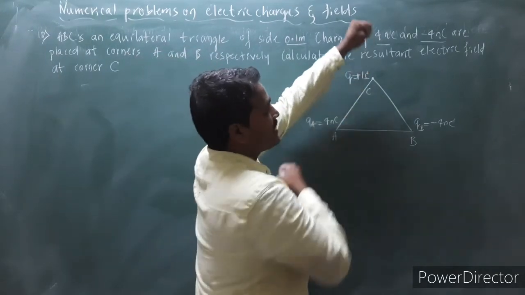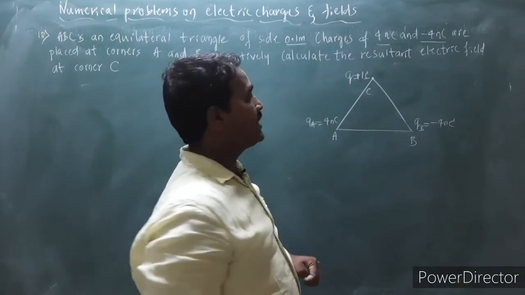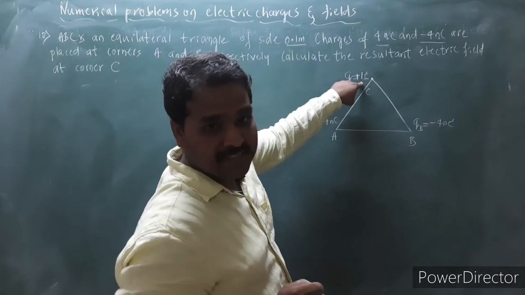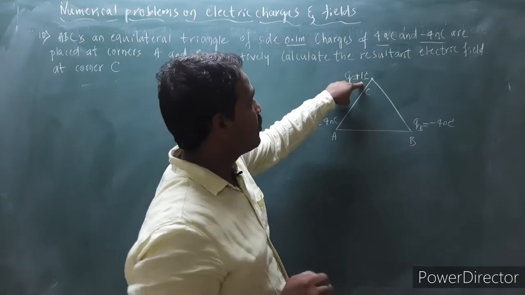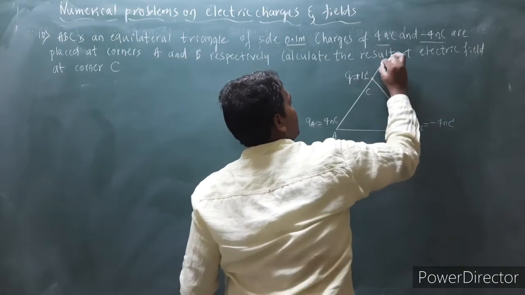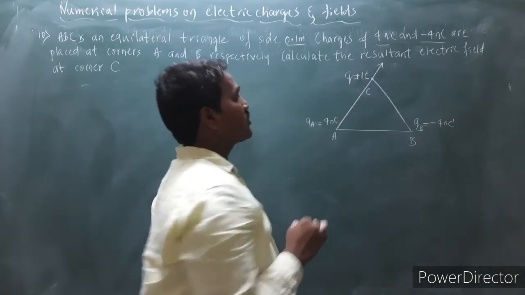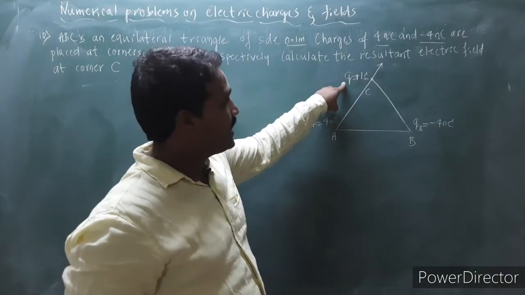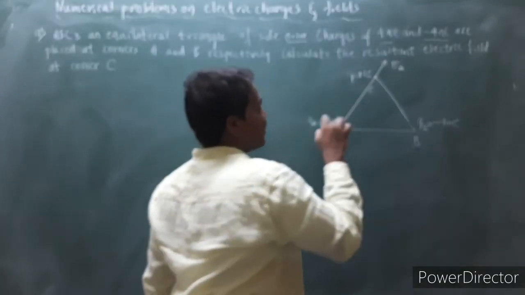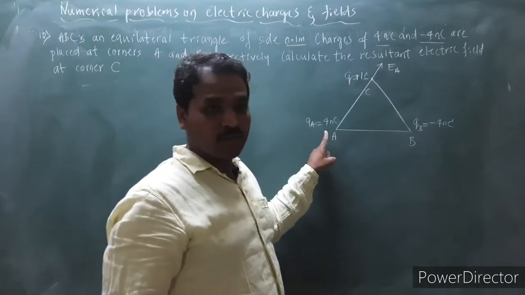Since both are like charges, there will be a repulsive force between them, and because of this repulsive force, the test charge experiences a force away from the source charge. So this is the direction of motion of the test charge Q, and I will take it as the direction of the electric field because of source charge QA.